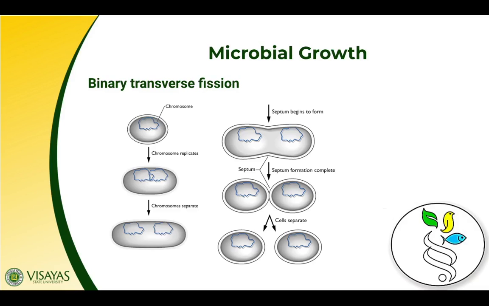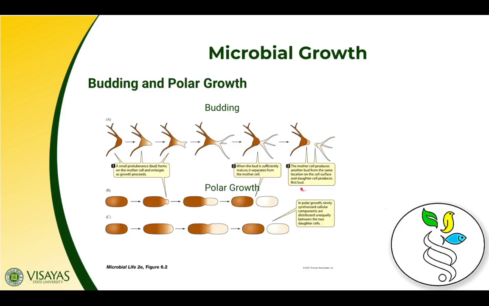When the bud is sufficiently mature, it separates from the mother cell. The mother cell in budding produces another bud from the same location on the cell surface, and the daughter cell produces the first bud. However, in polar growth, newly synthesized cellular components are distributed unequally between the two daughter cells.